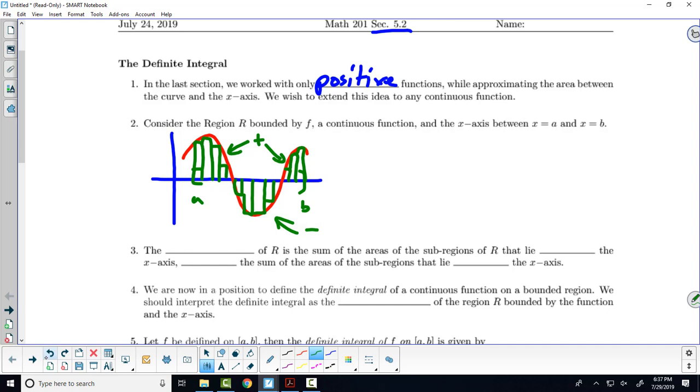What else do I want to say? From here on out, because we're going to be taking a limit procedure in this section, when I want to talk about breaking up this interval from a to b into rectangles, I'm going to draw the rectangles just as very fine lines like this.